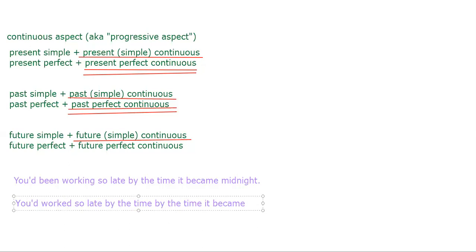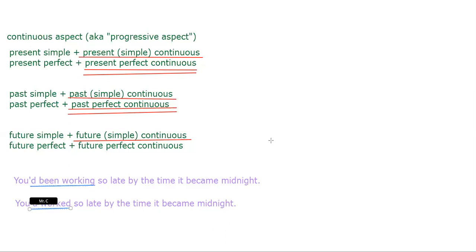Oops, I put "by the time" twice. I was wondering why this sentence was longer. So here we have another example. The "you'd" is a contraction for "you had." There's a "had" in there, but it's a contraction by this apostrophe D. That's what the "had" represents. So, "had been working" and "had worked."